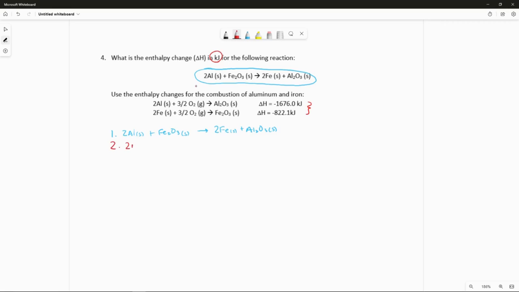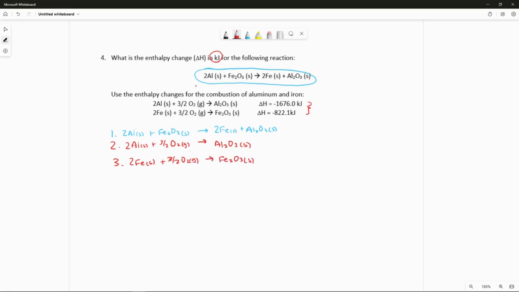Next, we have to write our other two equations in the red brackets down. We have 2Al solid and 3/2 oxygen gas, and then that combines into Al2O3 solid. And our third equation says 2Fe solid plus 3/2 O2 in gas form is going to make Fe2O3 in solid form.